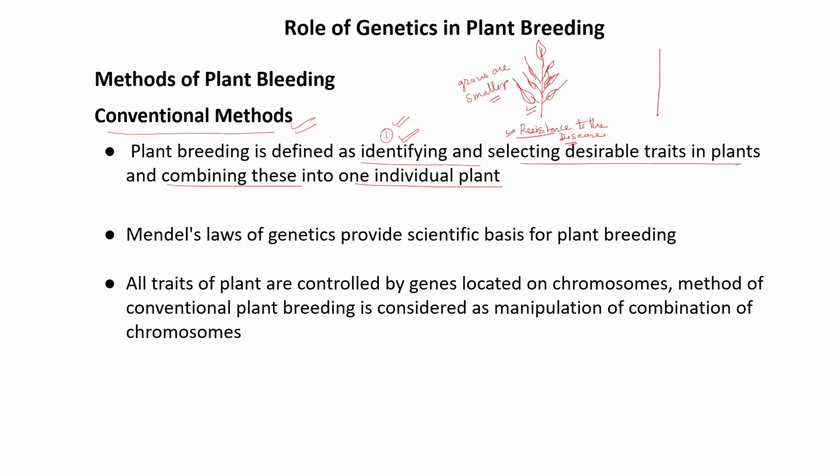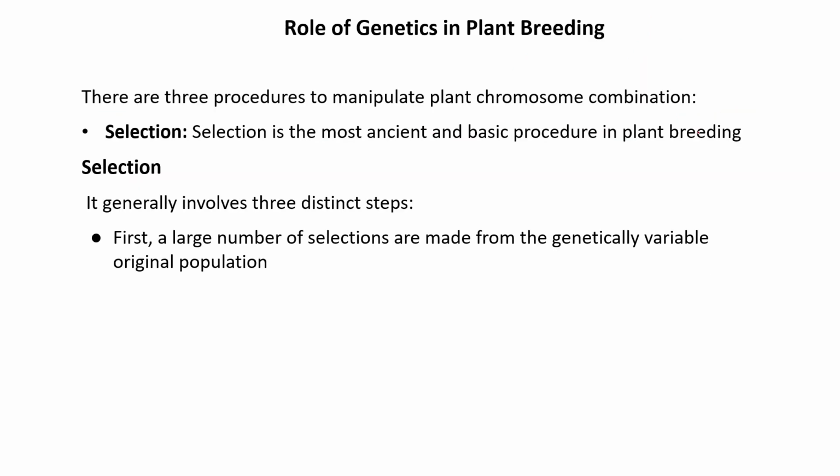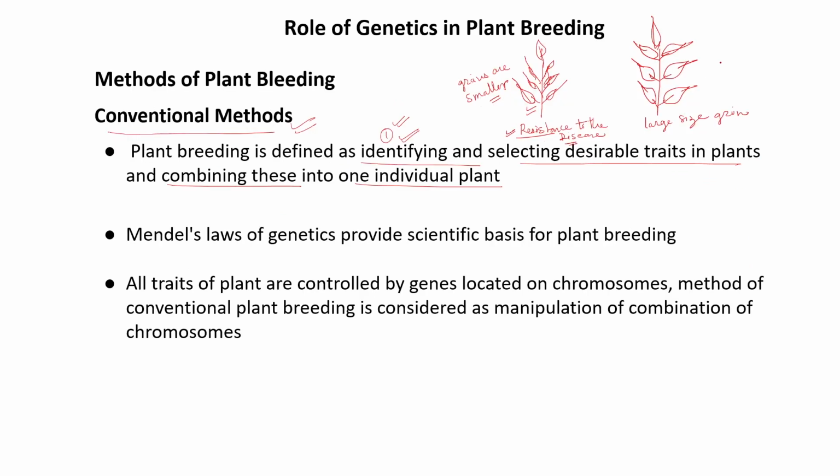Now I have one more wheat that has larger size seeds, as we can see in the figure. Large size grain, but they do not have resistance to the disease.